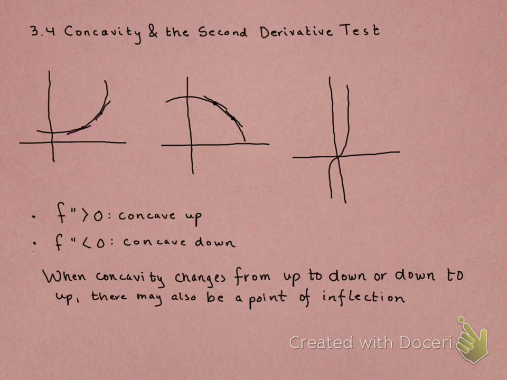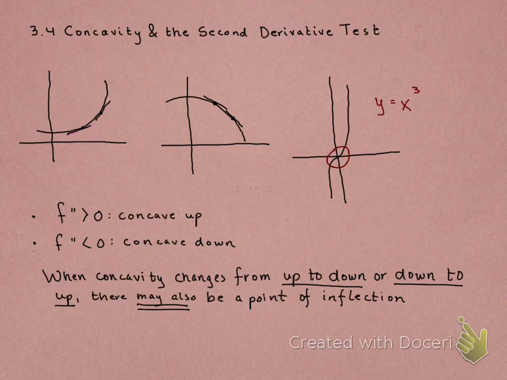Now, when concavity changes from up to down or from down to up, there may also be a point of inflection. And a point of inflection basically looks like a squiggle. So on that graph, this is the graph of, as closely as possible, y equals x cubed.